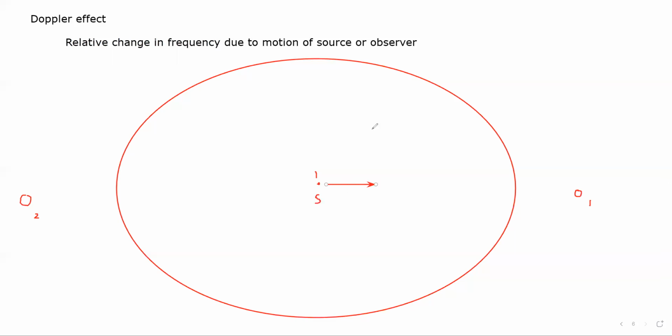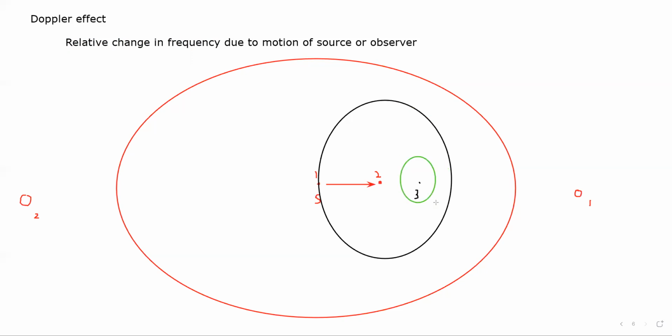At the second position it will produce another wave, and the center of the second wave will be point 2. Then it produces another wave at point 3 as it is moving towards observer 1. So the third wave again will be concentric to point 3.